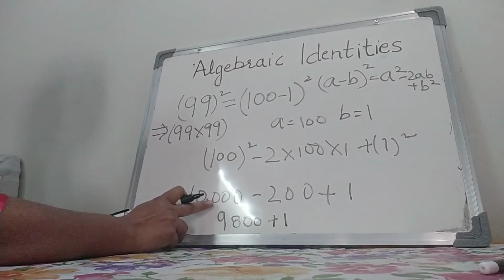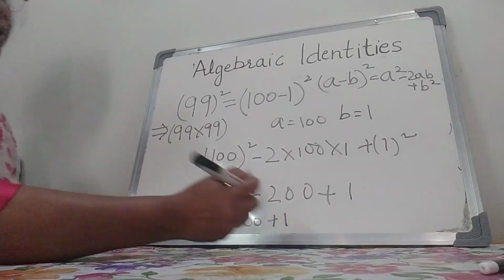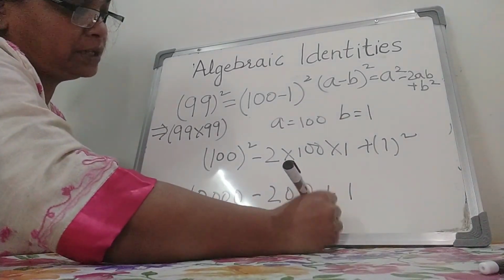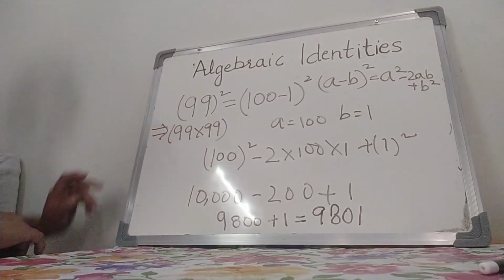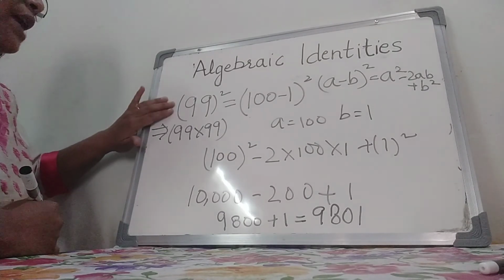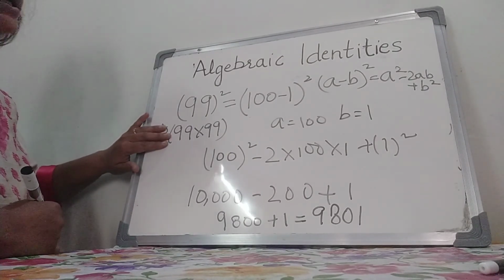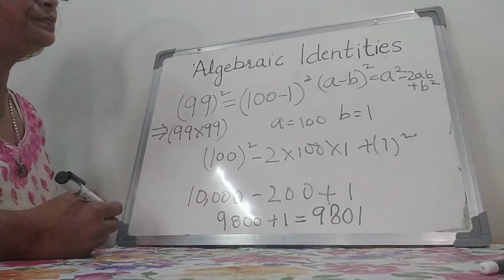First we subtract 200 from 10,000, that will be 9,800, and plus 1 will be 9,801. So this will be the answer for 99 square. We have not actually multiplied 99 into 99. We are using an identity in solving this question.